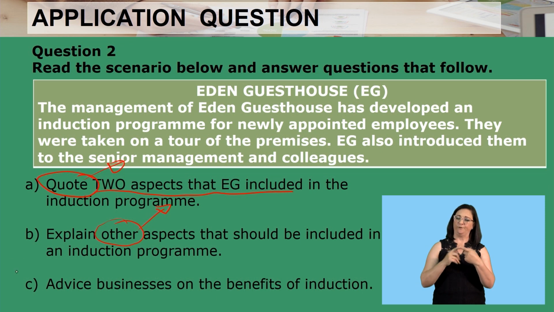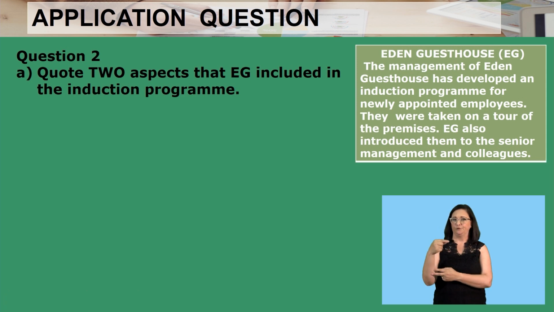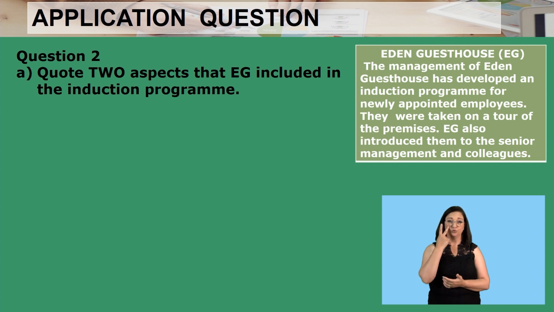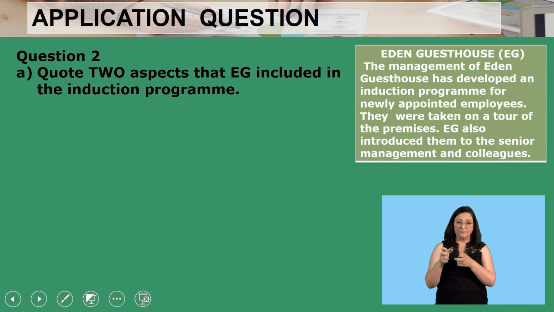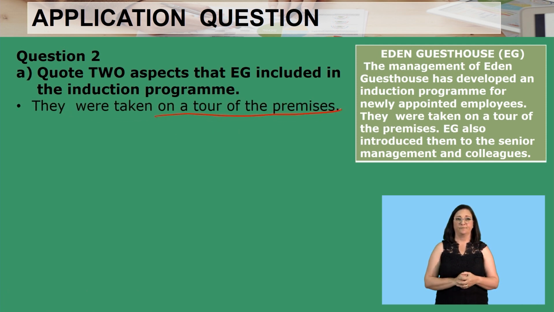So let's start now with the induction program. Quote 2 aspects that EG included from this scenario. Check the aspects that are included in the induction program. I'm sure you've already spotted them. They were taken on a tour of the premises. You should be taken on a tour so that you can know the ins and outs of the business.